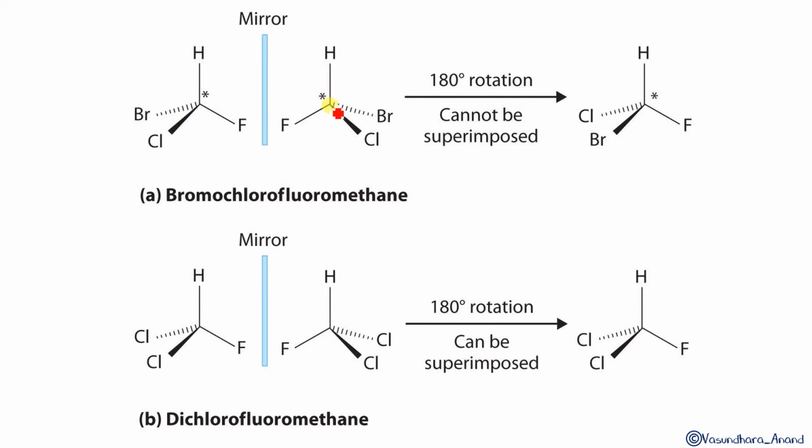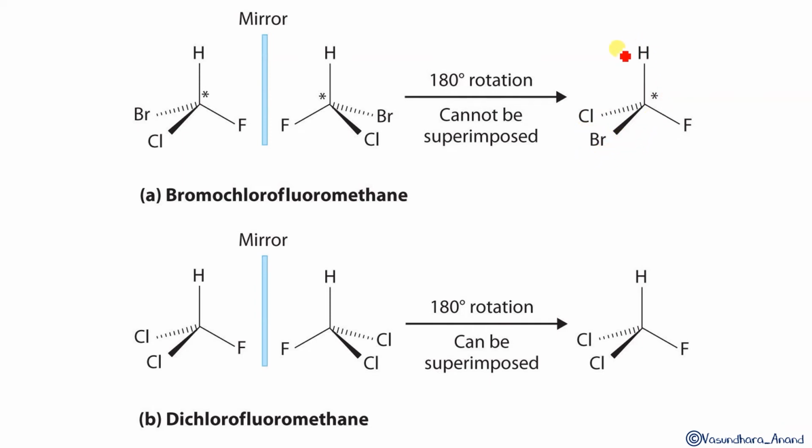So if I take the mirror image like this, and rotate this mirror image by 180 degrees, we will get this. But what will happen? See, earlier the bromine was in the dash, that means bromine was away from you. But in this case, when we rotate it by 180 degrees, the chlorine will be away from you and the bromine will come closer.